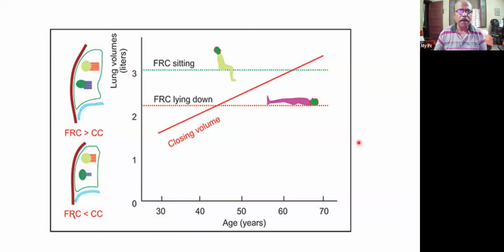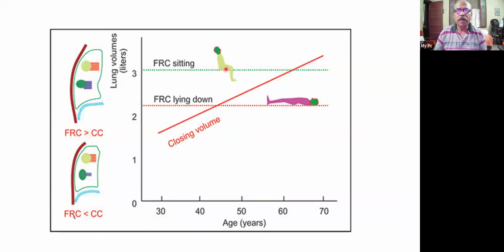Now, if you see this diagram here, this patient is sitting up. He has a FRC around this. When that person lies down, the FRC has already fallen. And in the sitting position, the FRC is more than the closing capacity.